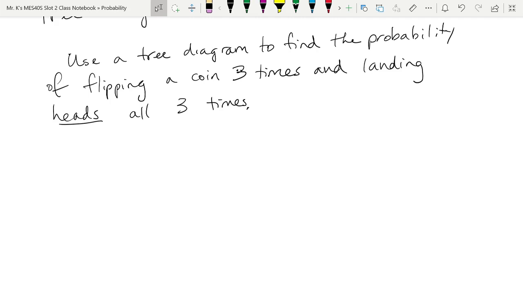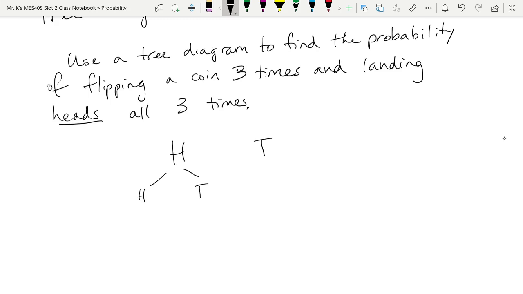Okay, so what does the tree diagram look like? Here's how we make a tree diagram. The first flip of our coin, we could get either heads or tails. After I flip heads, I could flip the coin again and get heads, or after I get heads, I could flip the coin and get tails. See where I'm going with this?